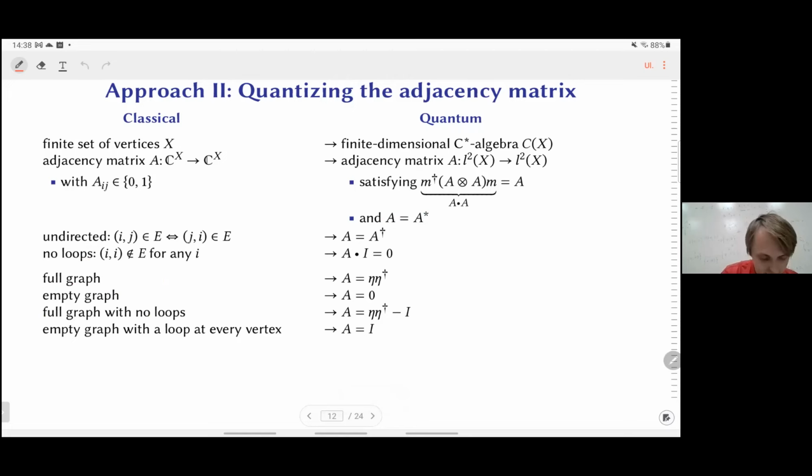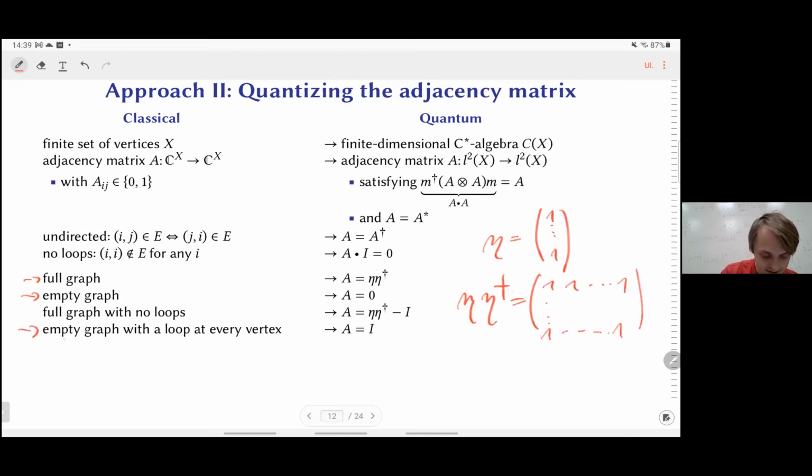Okay. So those are again the examples of typical graphs. Maybe the easiest one is the empty graph, which is just 0. The full graph is this eta times eta dagger. This corresponds to the classical fact that eta, the algebra identity written as a vector, is the all-ones vector. So eta eta dagger is this all-ones matrix, which is exactly what a full graph should be.